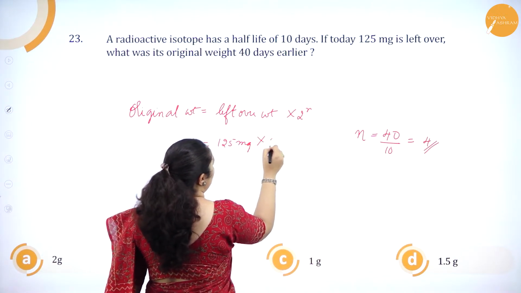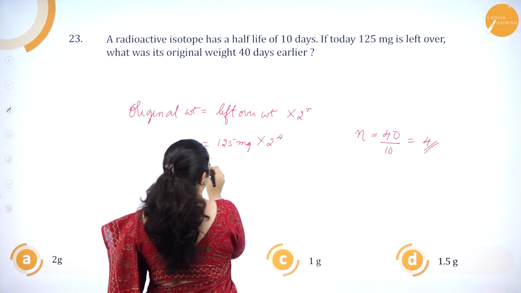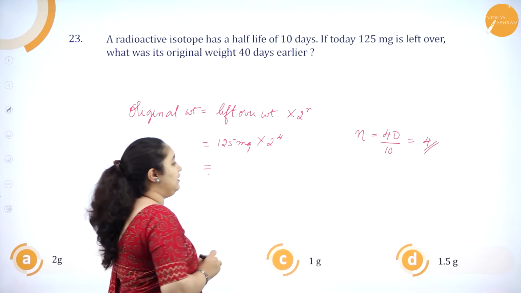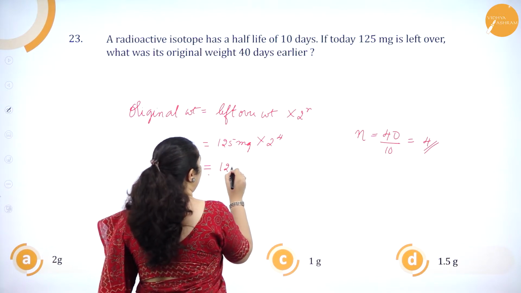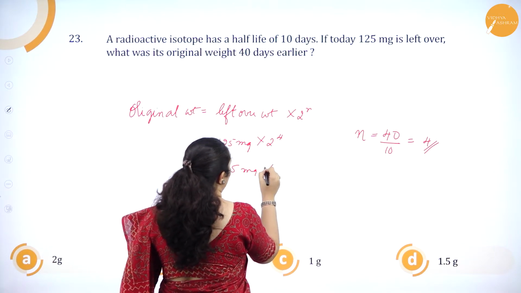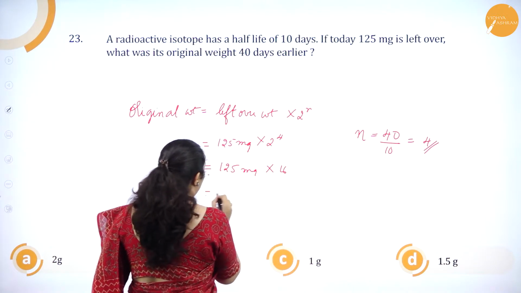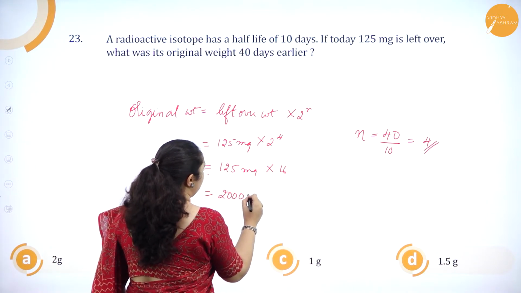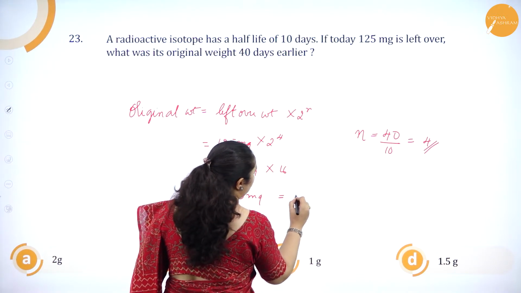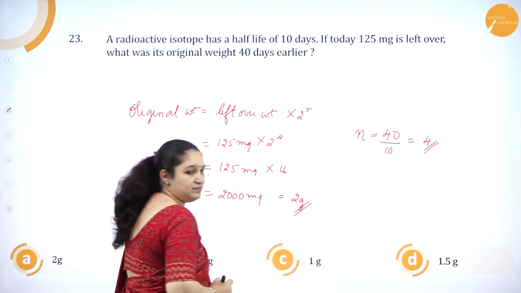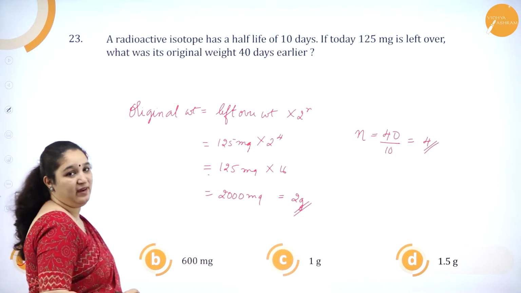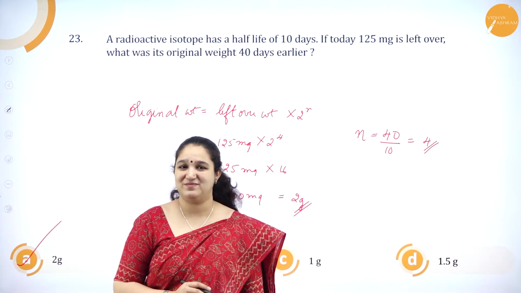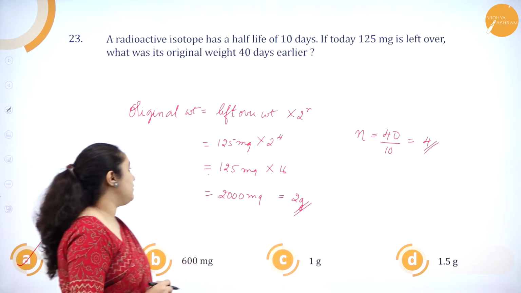So this is 2 to the power 4. So what will be the value? 125 milligrams into 16. So I'll get it as 2000 milligrams, which is equal to 2 grams. Correct? So the answer is option A, that is 2 grams.